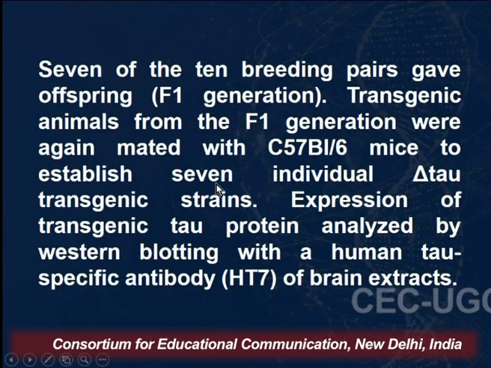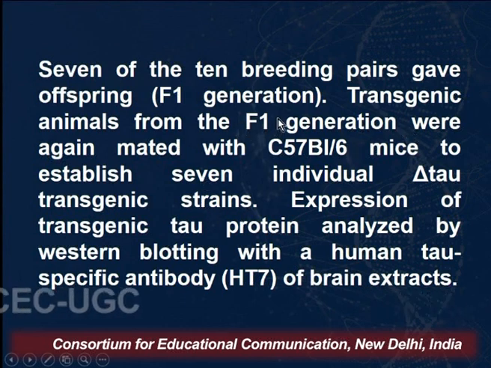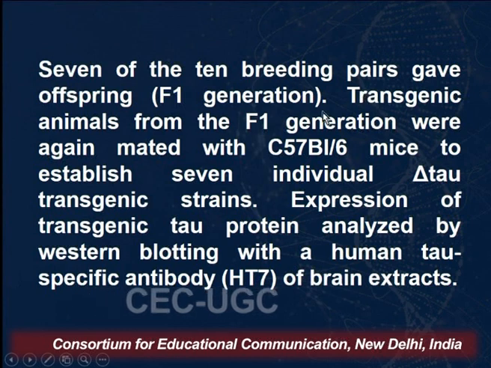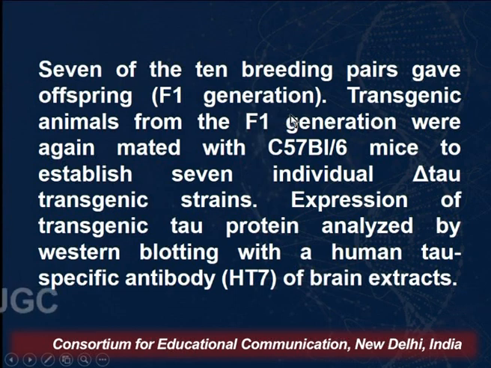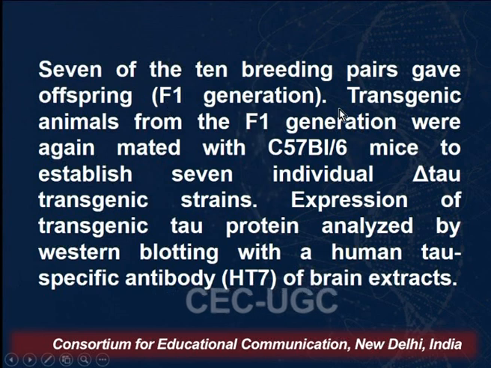For further analysis, 7 of the 10 breeding pairs gave offspring. When we obtained these 10 breeding pairs, we further mated them, and after mating, 7 of them further gave offspring.